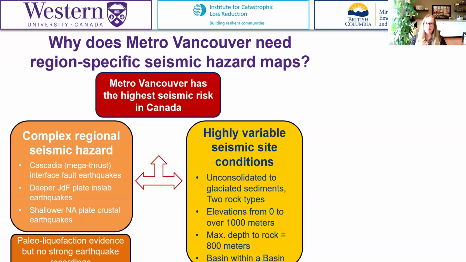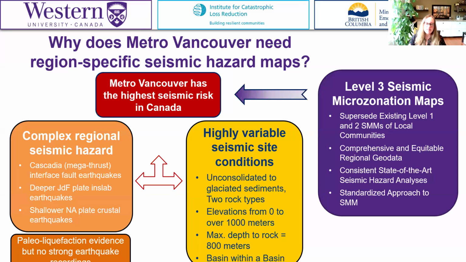We can have sediments that are 300 meters thick, a kilometer to rock, and we have a basin sitting inside of a basin. And this situation is completely different from many other places. So this has been one of the major hindrances. I showed you there are other maps that have been made for other cities, and pieces of this evidence have been produced for Metro Vancouver or particular cities within Metro Vancouver in the last few decades.